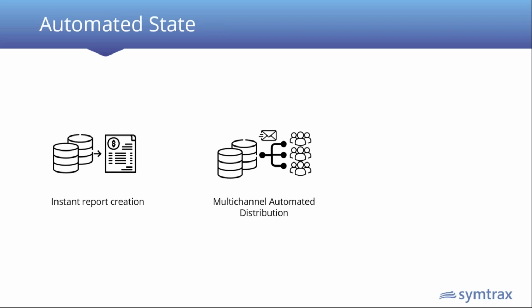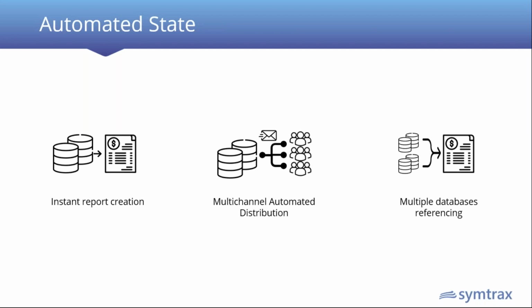These reports are then distributed to the relevant parties. And last but not least, for the creation of the reports, it can reference multiple databases. You have some data in this Excel, some data in your system, and some data maybe in your other database. So all this can be referenced to create a single complete report.